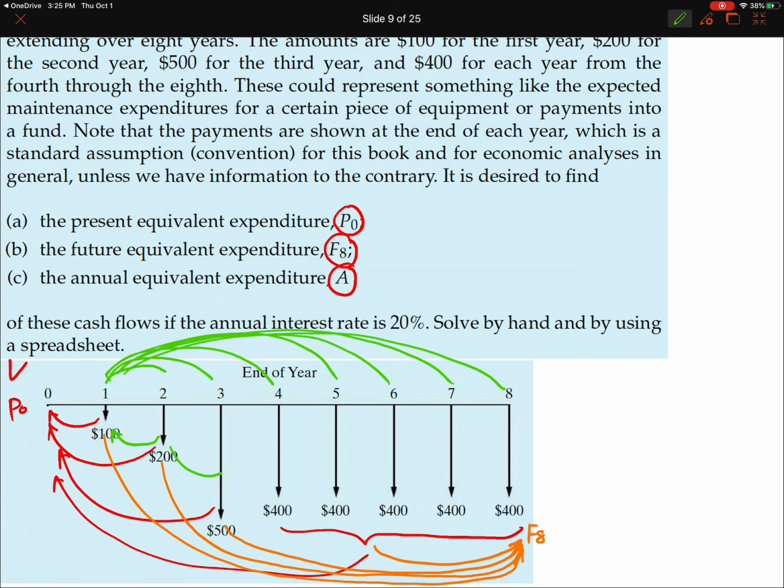And you want to distribute the 200 to every year. And the same thing, you want to distribute the 500 to every year.